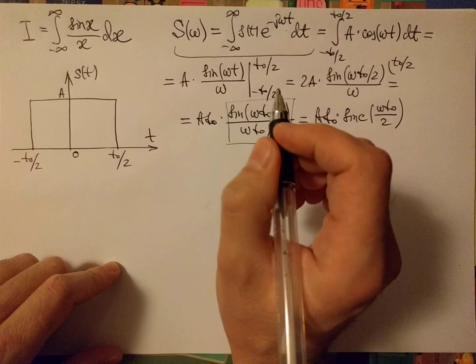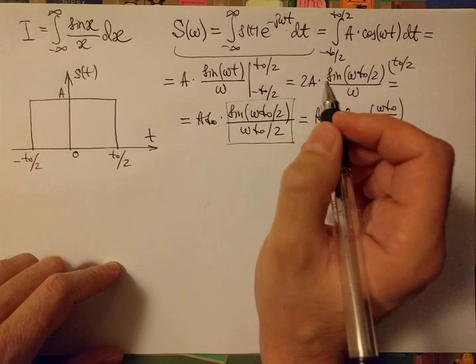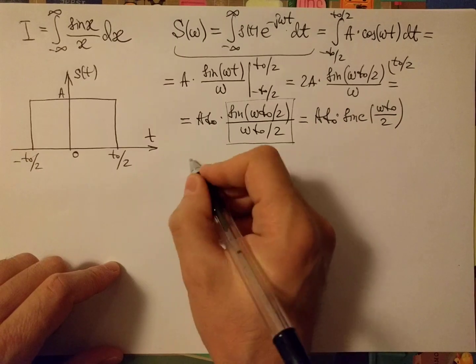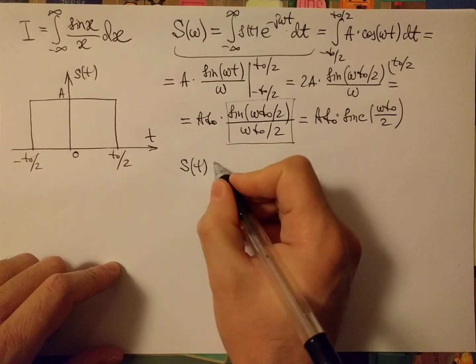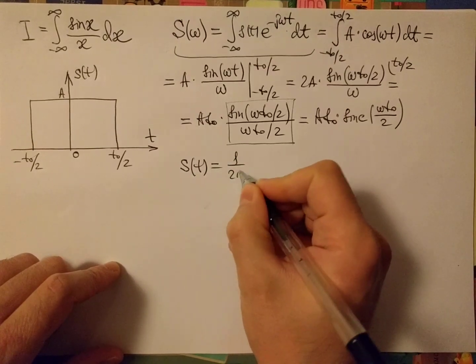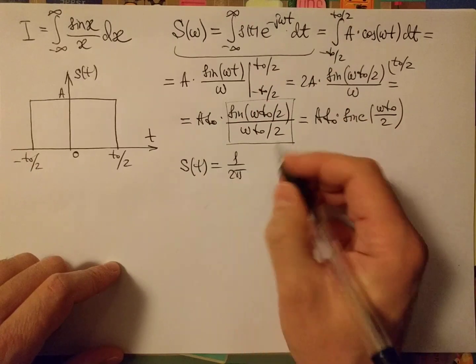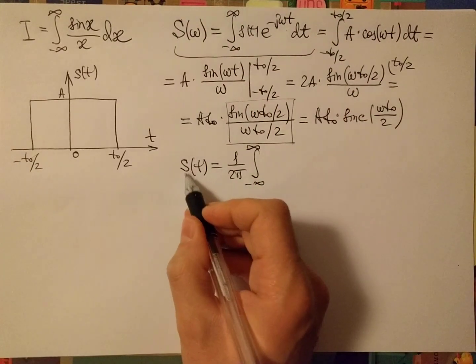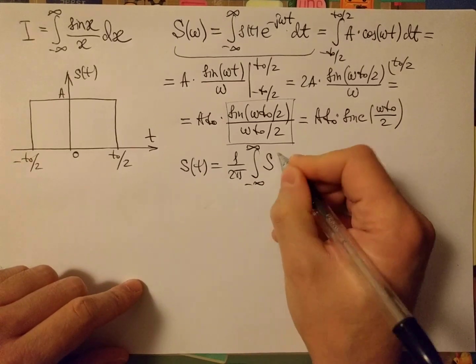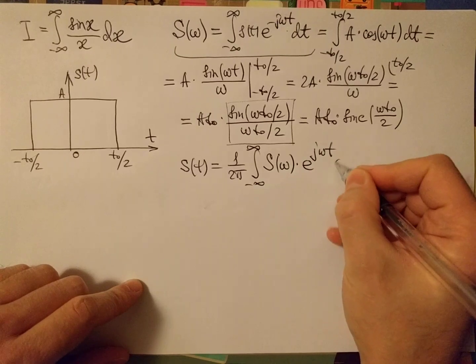This is the direct Fourier transform, and there is also an inverse Fourier transform. The inverse Fourier transform permits us to calculate a signal knowing its spectral density. It looks almost the same except for this multiplier, and by definition we may calculate the signal using its spectral density in such a way.